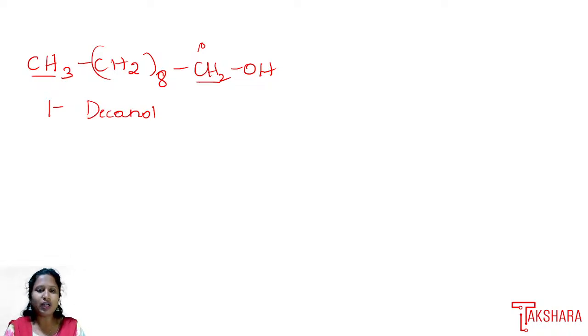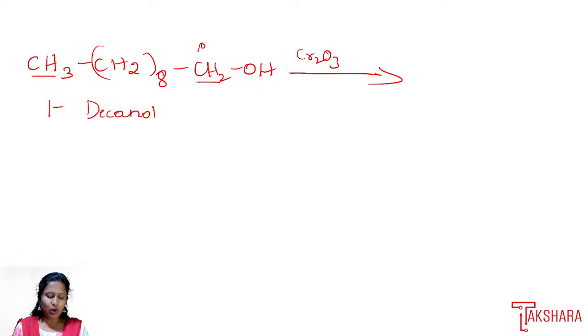Now when 1-decanol undergoes the reaction in the presence of what? In the presence of chromium trioxide Cr2O3 and H2SO4, with some amount of heat, we will get the product.